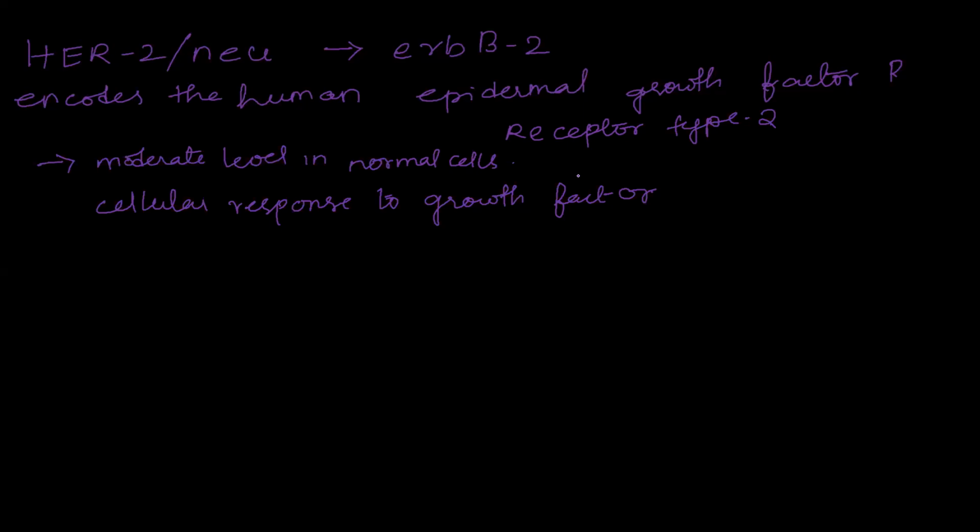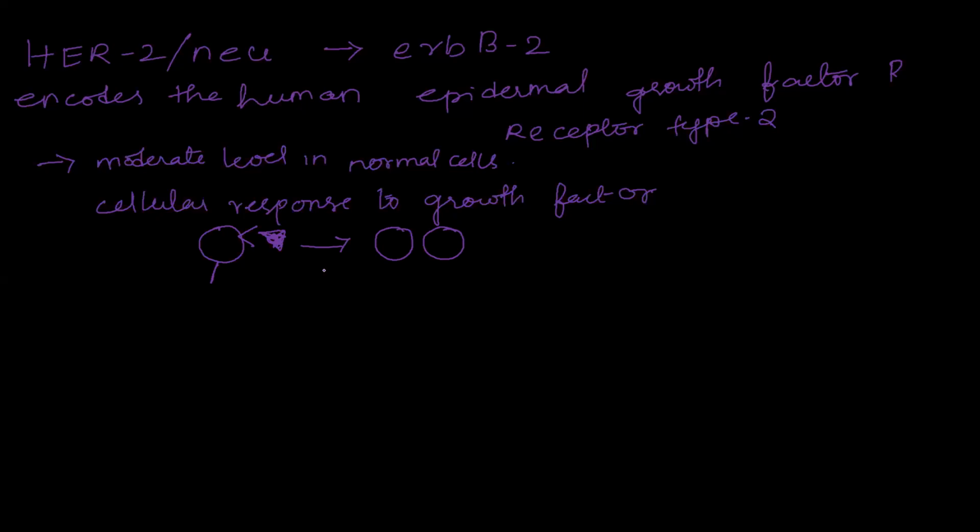Now consider, this is your cell, and it has got the receptors. Now you have the growth factor coming here. It is going to come and bind to it. When it just comes and binds, cell division occurs. That is in the normal case, right?